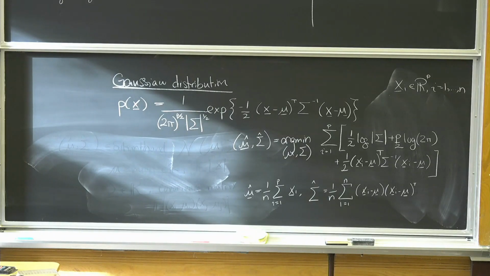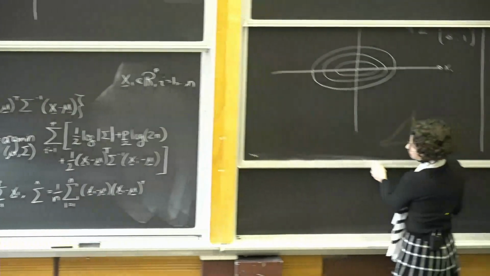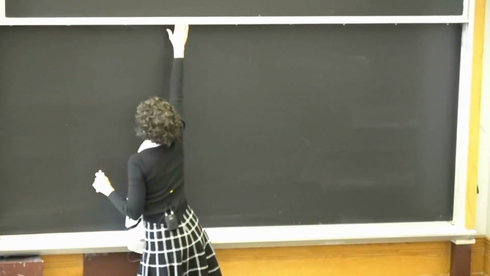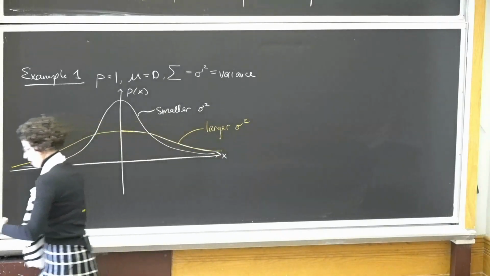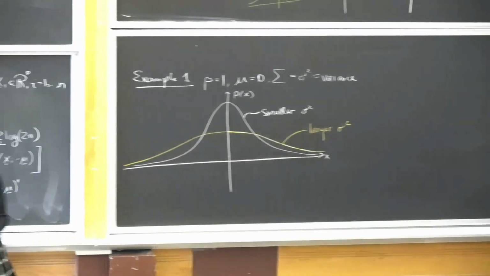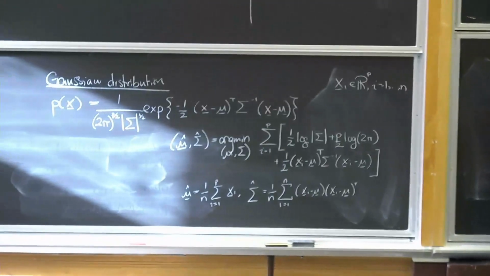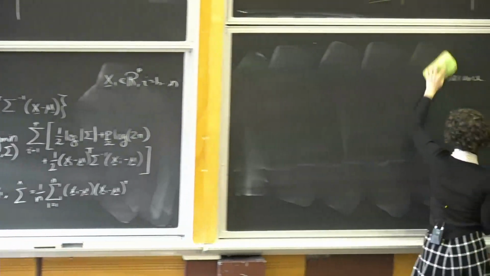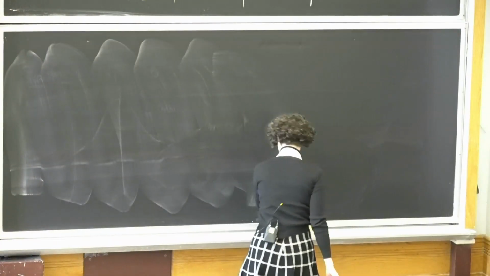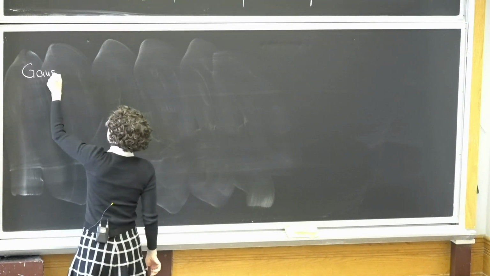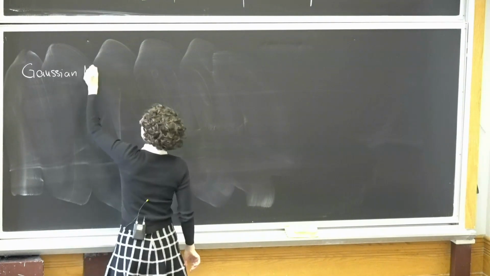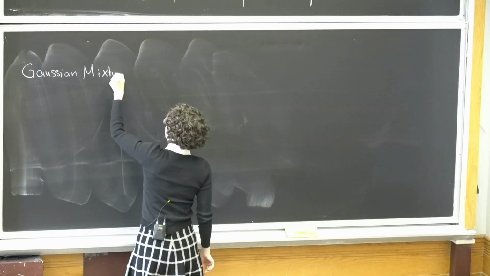Okay, so all of this has been useful, but it feels far from clustering. Because with clustering, we don't imagine all of our samples are collected together in a blob, but they could be more spread out. We could have multiple blobs. And so now we are going to talk about Gaussian mixture models.